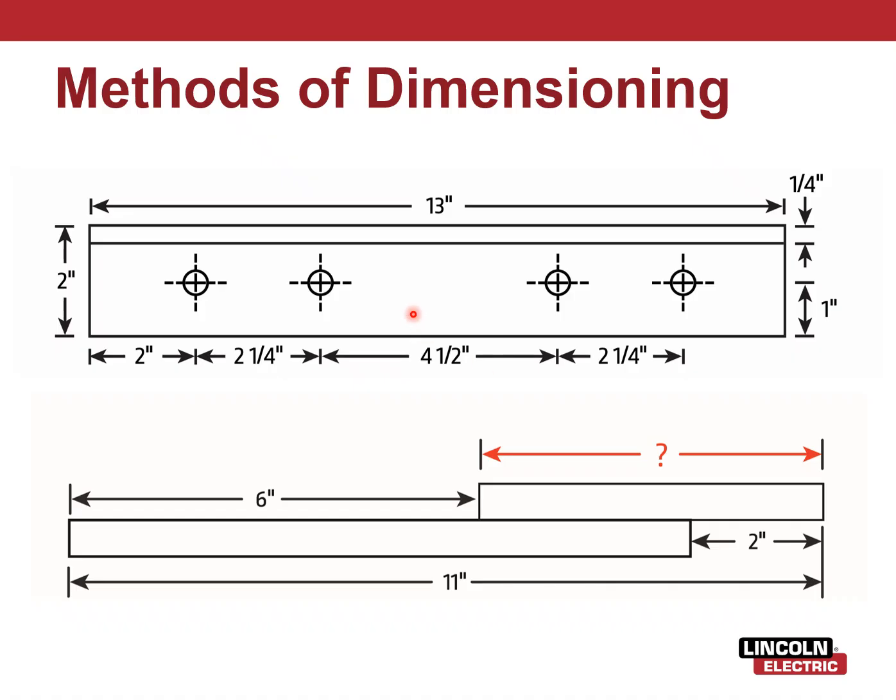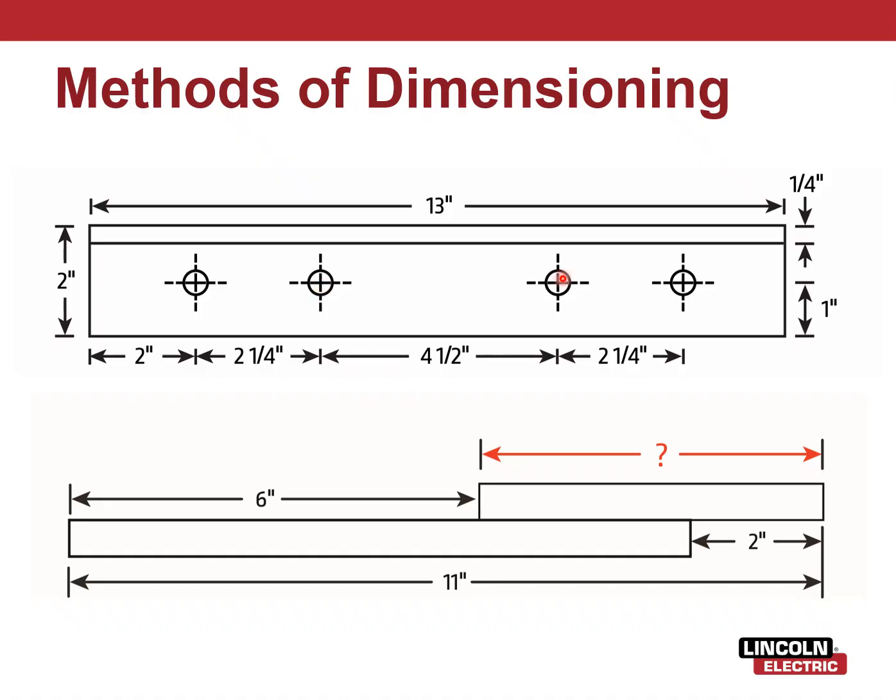Okay, so an example, right? We know this hole is 2 inches from the edge, and then this hole is 2 1/4 from that hole, and then this hole is 4 1/2 from this hole, and then this hole is 2 1/4 from this hole. All right, so the most accurate measurement, because you're coming off the edge of the part, is going to be this first hole, but then you're going off that hole to this one, off that hole to that one.